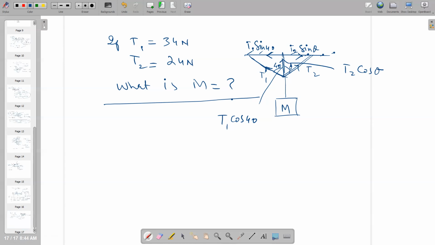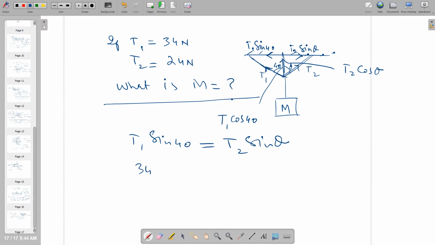Now we want to write the equations. So in the horizontal way, you can see this is in this direction and it is in this direction, opposite direction. So you can write T1 sine of 40 is equal to T2 sine of theta, because we don't have any other components. So from here, we know the value of T1 and T2.